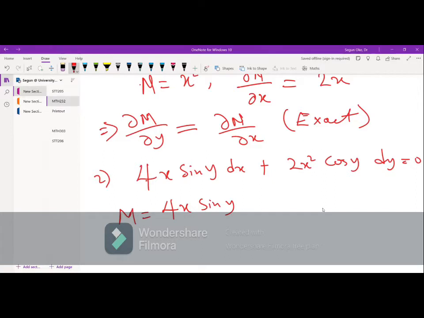So then, can we now differentiate? In what way do you differentiate M with respect to what? The y. You differentiate M with respect to y.